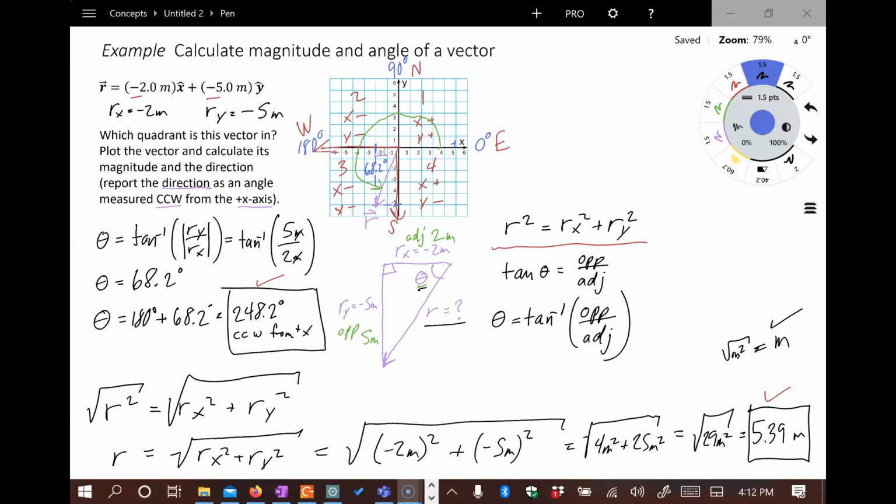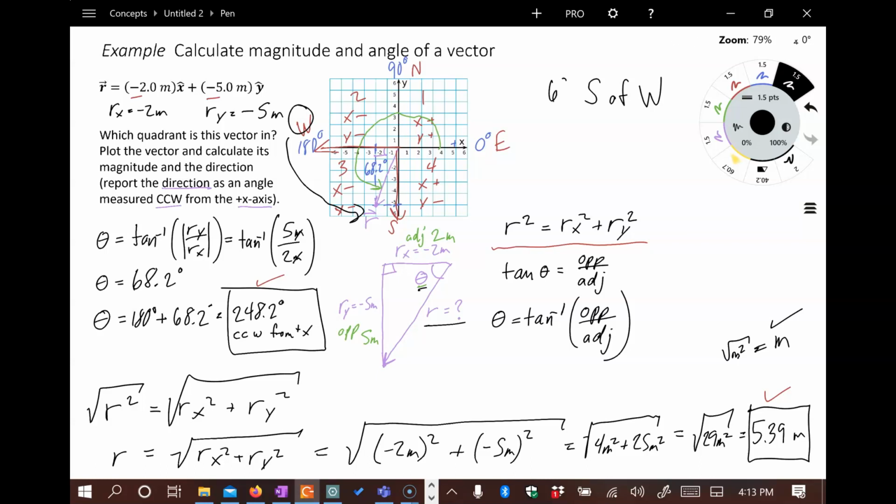So we could start from the west here and then move towards the south by 68.2 degrees. Remember, we do this backwards. Start west, move towards the south by 68.2 degrees. So that's another way to specify the direction.